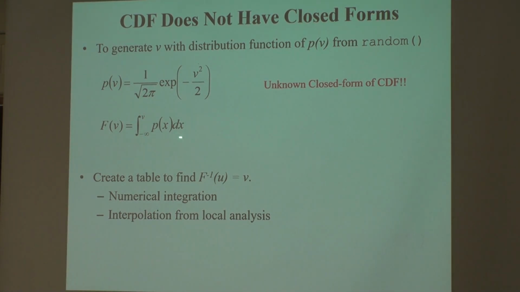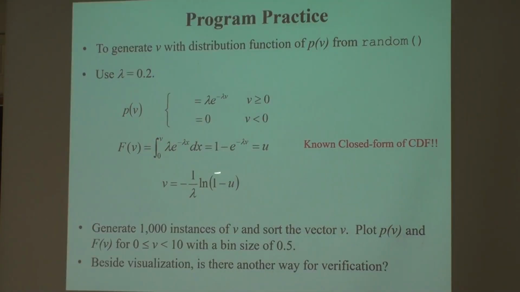In your program, how do I generate a random variable that has this particular distribution? This is still not very hard. Take a step back and think about it. All we need is samples for this.